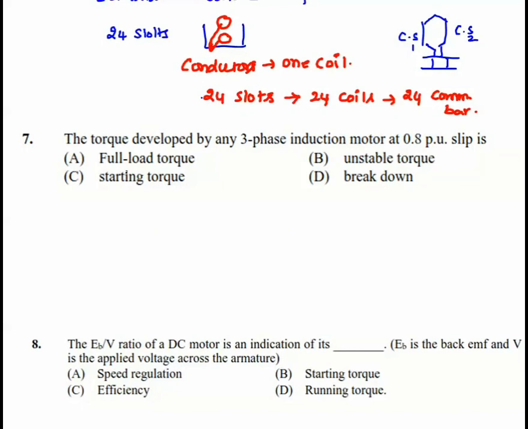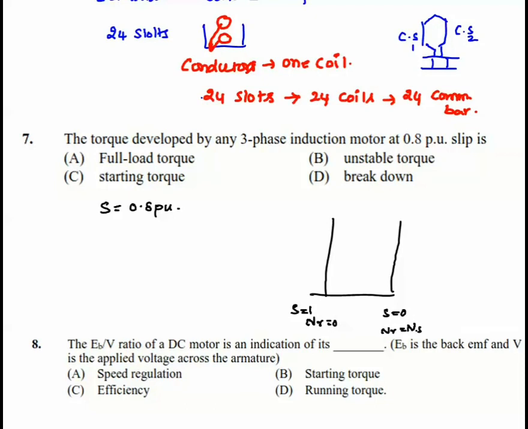Now the next question: the torque developed by any three-phase induction motor at 0.8 per unit slip is. In the given question, the slip is given as 0.8 per unit. Normally, from the speed torque characteristics of induction motor, we can observe that slip is maximum here and slip is minimum here, and the rotor speed is 0 here, and here rotor speed is equal to synchronous speed.